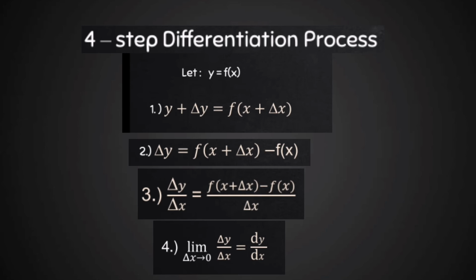Let us first get the limit of delta y over delta x as delta x approaches 0. So take note that the limit of delta y over delta x is dy over dx, which is the derivative expression. And now we can use this final answer for future problems regarding the four-step differentiation process.